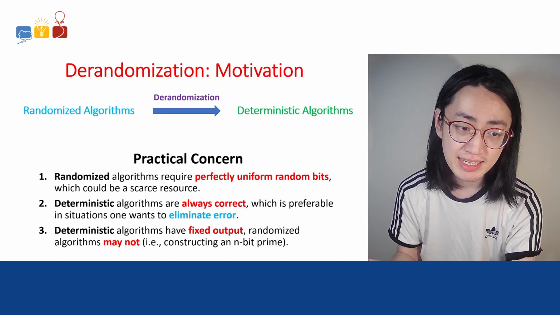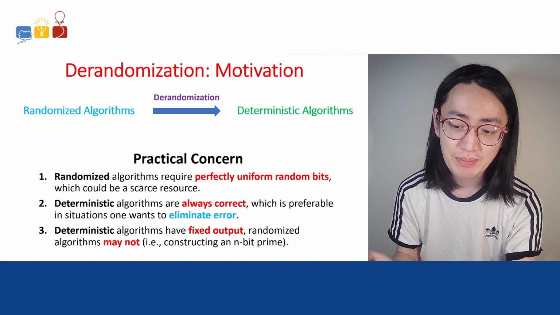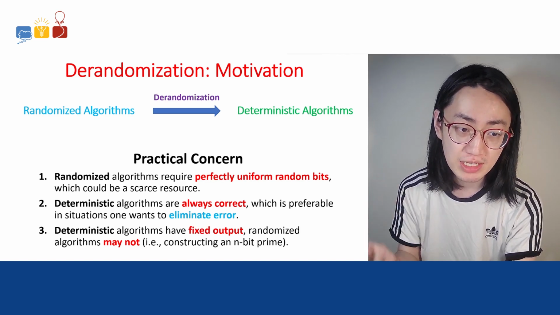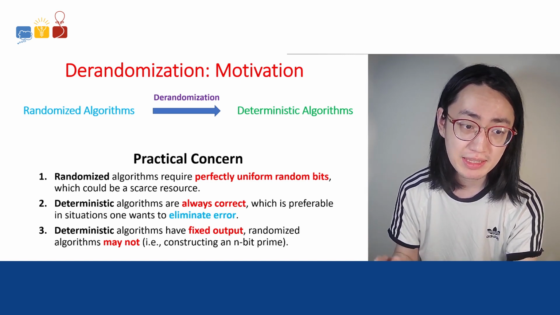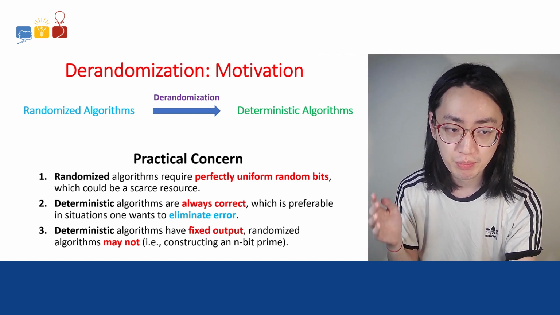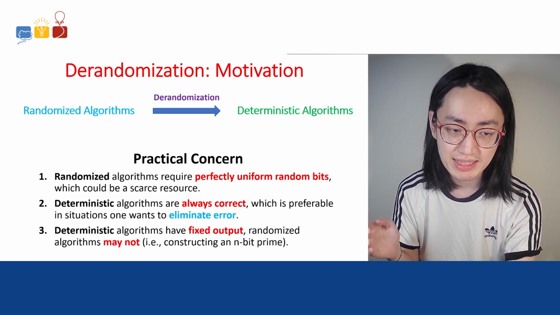Since we are essentially guessing random n-bit integers and checking them, different people running this algorithm would output different primes. And this can be a big issue in many settings because we cannot use this algorithm to agree on a particular prime. But for a deterministic algorithm, every run will give you the same prime, which is a big advantage in many settings.